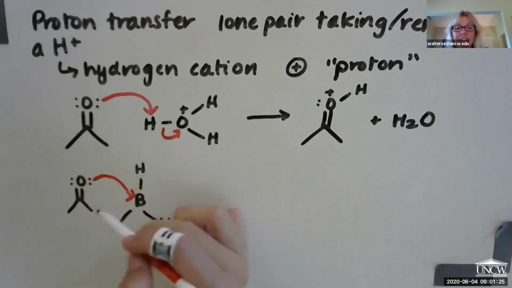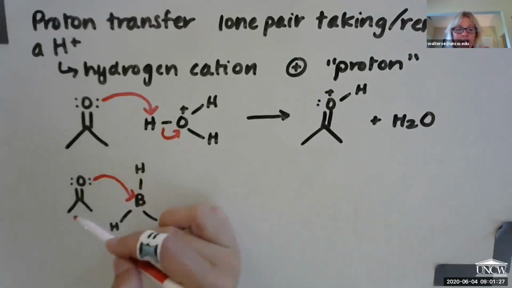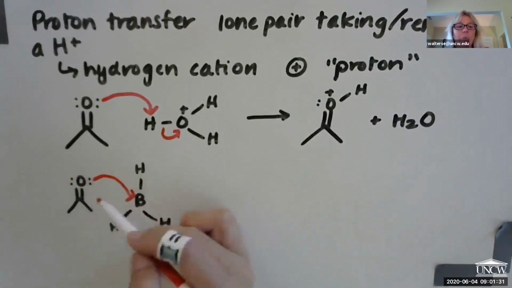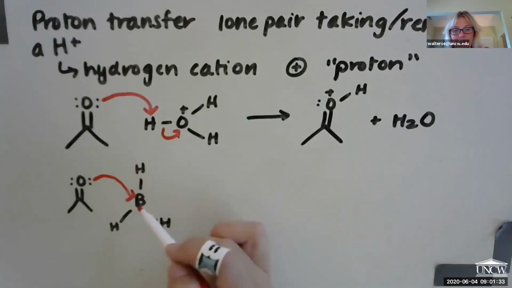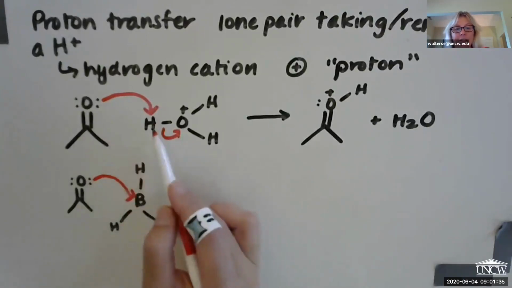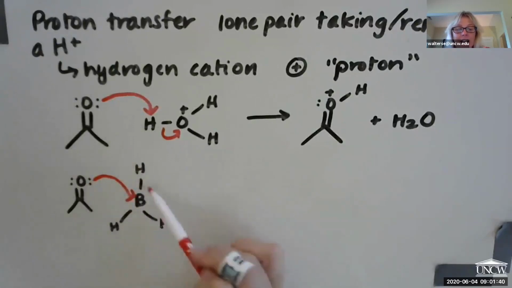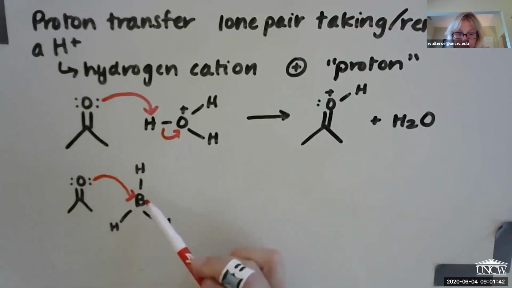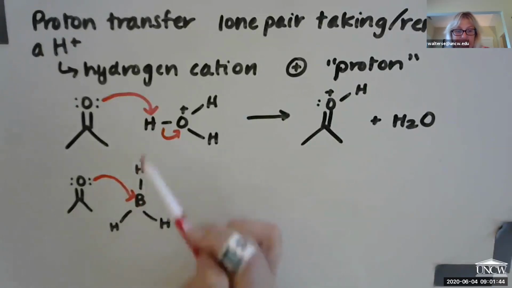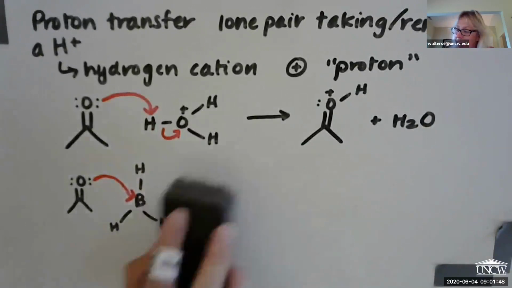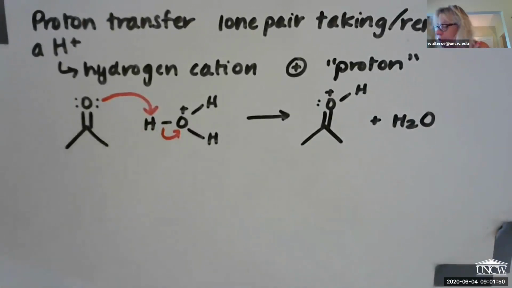So it's not just what the originating species is, it's what that species is doing on the second molecule. In this case, it's grabbing just a hydrogen cation. In this case, it's attacking an electron deficient species. So this is nucleophilic attack. This is proton transfer. Some textbooks don't really care whether you can distinguish those two, but your textbook does. So you will need to be able to distinguish between those two.